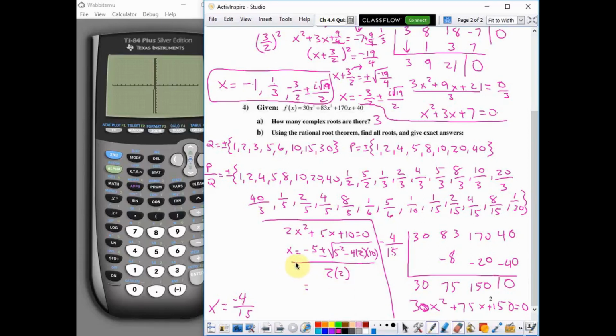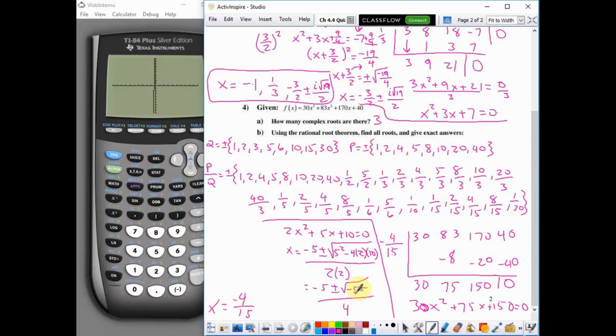Okay, so that's -5 plus or minus the square root of -55 over 4.